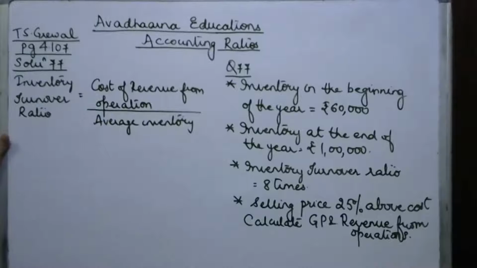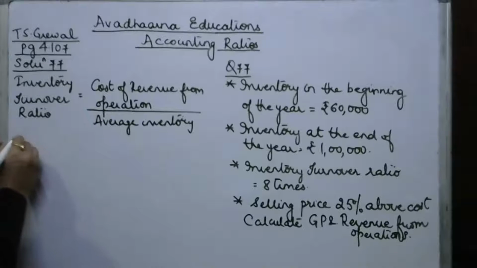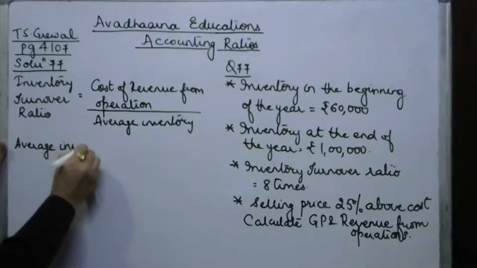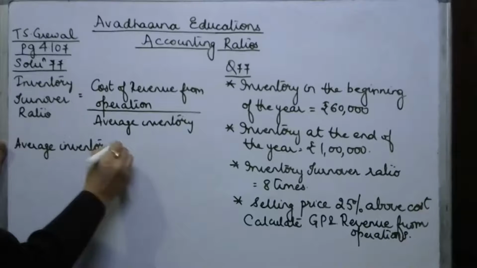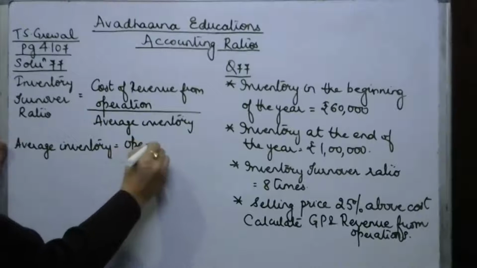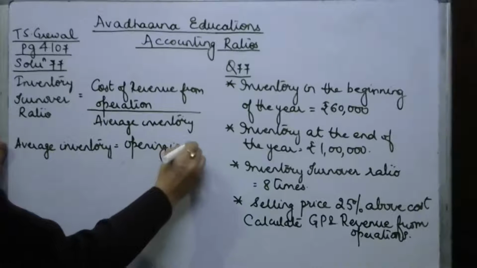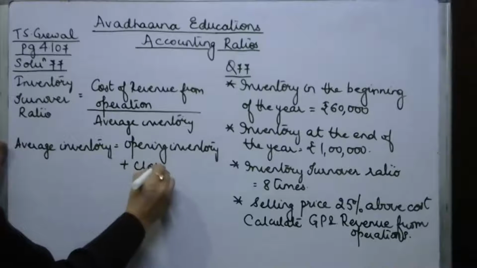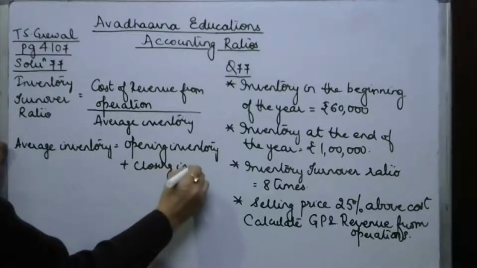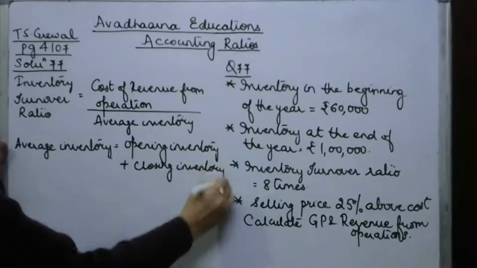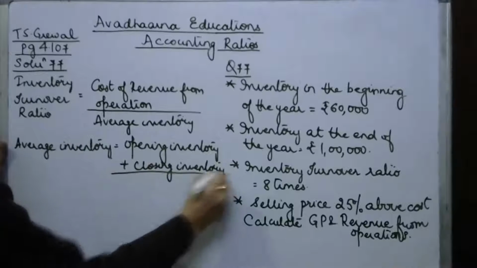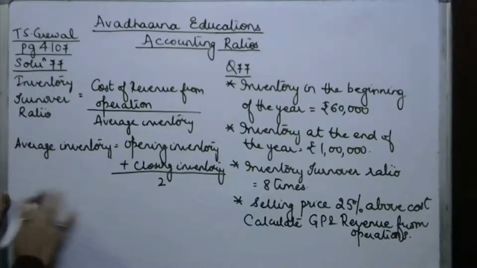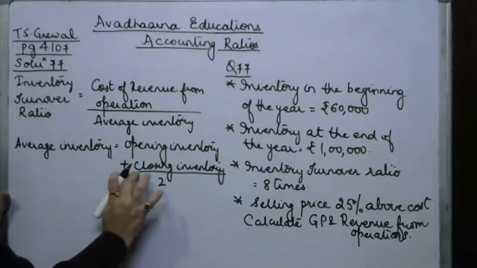And what is average inventory? Let's write the formula here. Average inventory is equal to opening inventory plus closing inventory upon 2. Fine. So opening inventory plus closing inventory upon 2.